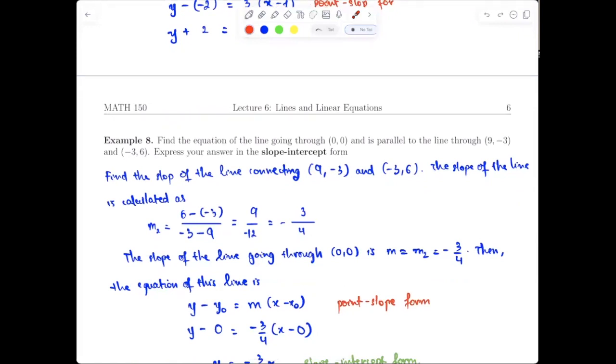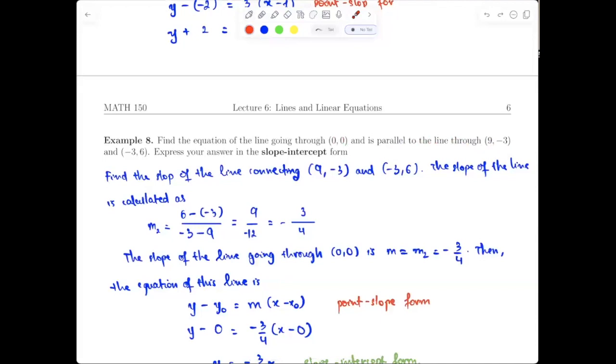So what we need to do first is find the slope of the line going through the two points (9, -3) and (-3, 6), because the line going through (0, 0) is parallel to this line.